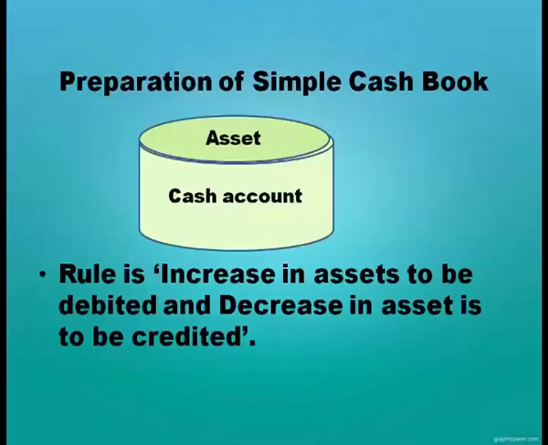Which rule do you have to follow while recording cash? You know that cash is an asset, so cash comes under the asset account. We have already studied capital, asset, revenue, expenses, liability and so on as the main types of accounts, and cash is included in the asset account.